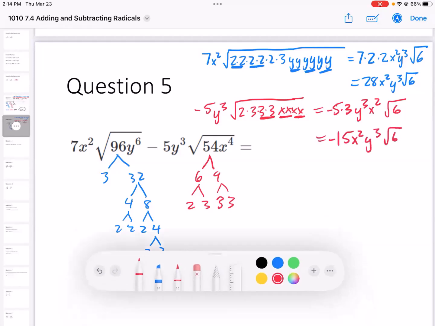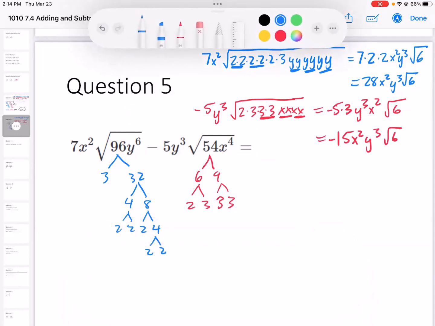So when I write that out, I have my first simplified term, which is 28x squared y cubed square root of 6 minus 15x squared y cubed square root of 6. When I'm combining these, I need to first check and make sure they're like terms. In order for them to be like terms, all of their roots have to match and all of their variables have to match.